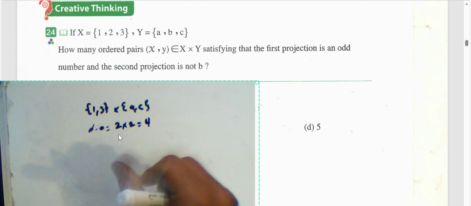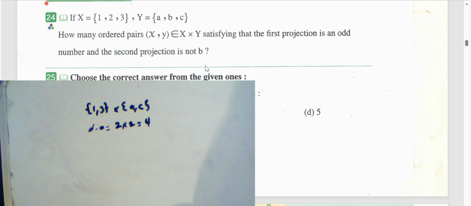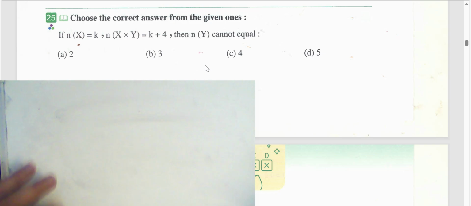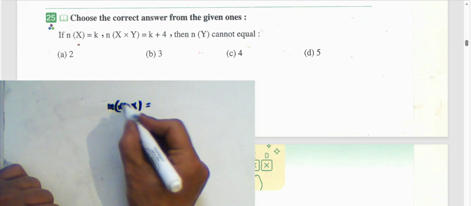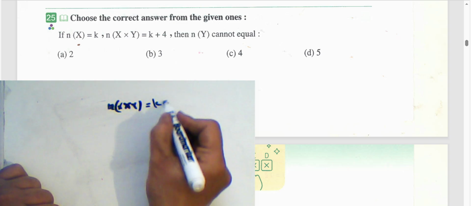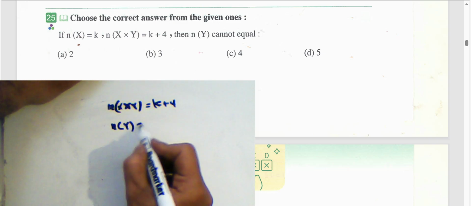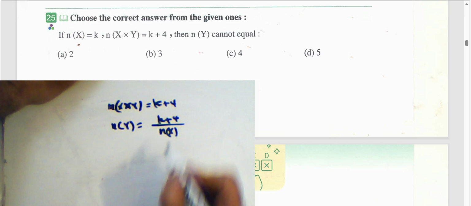Understood? We can cancel p and cancel here 2 and find the number between them. Next question. If the number of elements of x Cartesian product y was k plus 4, then the number of elements of y will equal k plus 4 over the number of elements in x.